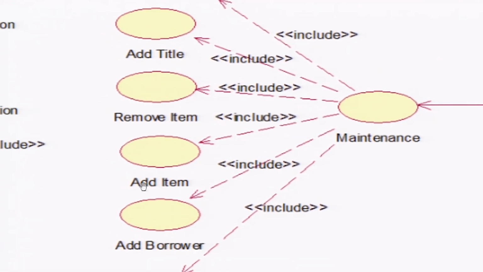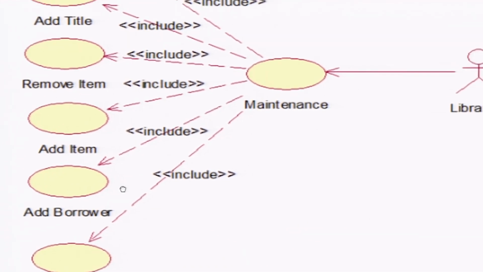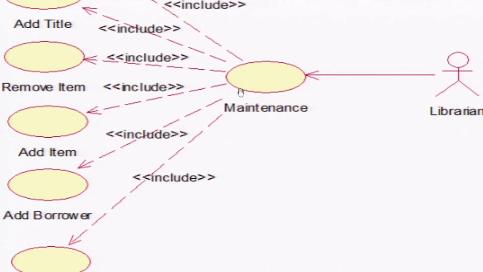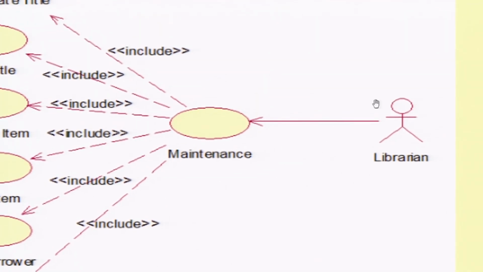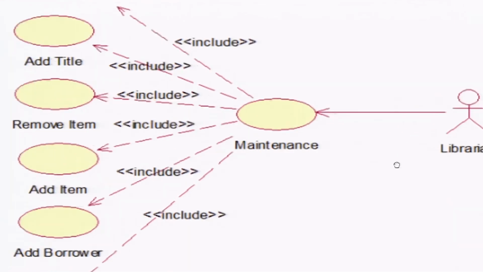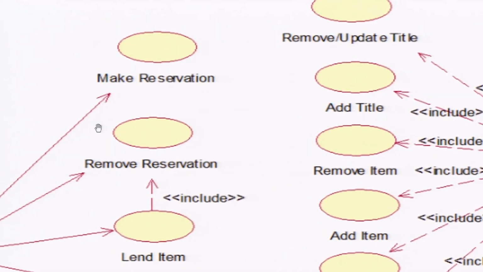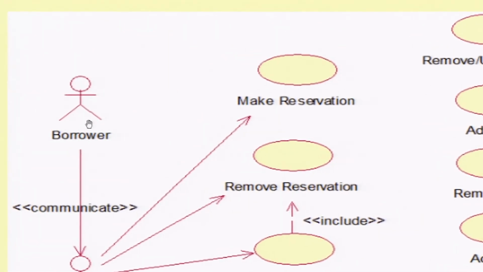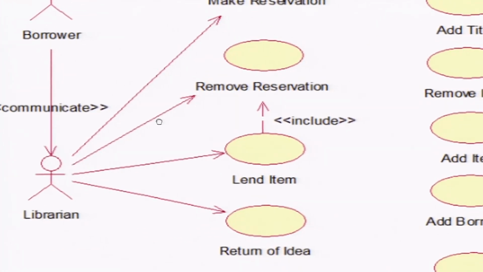He also adds an item, and he can add the borrower details too. So all these details are done by the librarian. This librarian and the borrower are called actors. Hence each is given a stick man, and the communications are given with arrows.